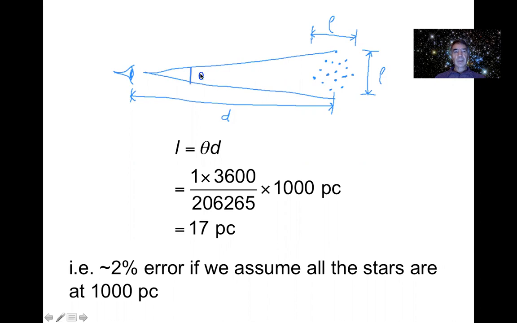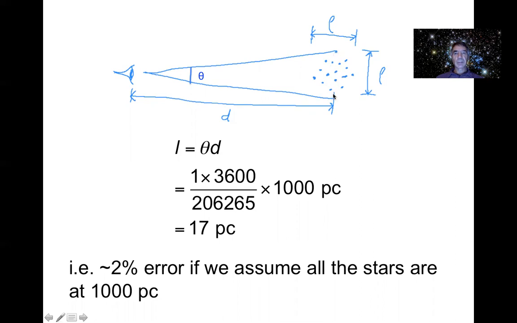So we were told that the cluster subtended an angle of about 1 degree on the sky and was a distance of 1,000 parsecs away. So if we just keep all the distances in parsecs here for a change, we calculate theta in radians. So this is the formula: L is just theta times d.